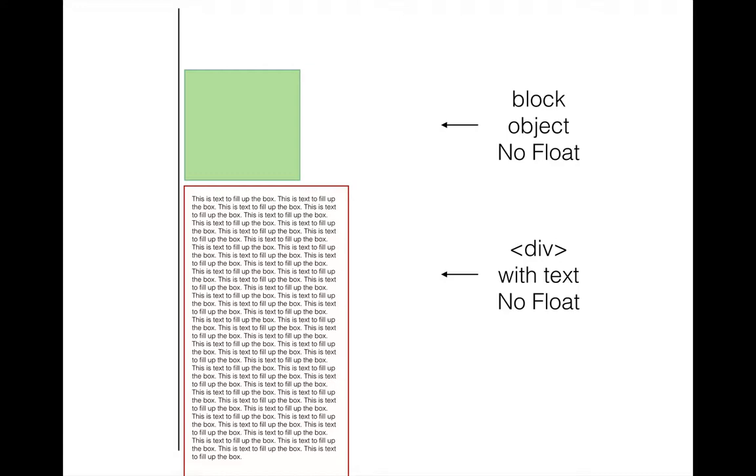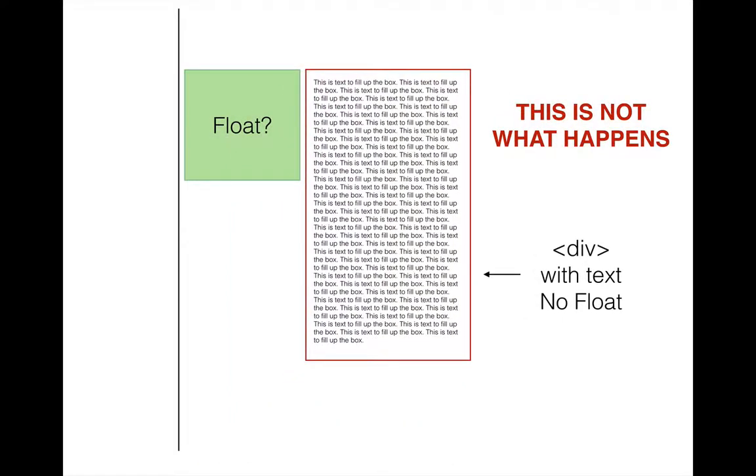Now, if you float the green box and the div with text just goes around it to the right, well, then this is what would happen. But it doesn't happen because we don't want this. We want the text to go not only around the float to the side, we want it to go underneath the floated box as well. But since the div or paragraphs can only be simple rectangles, they cannot become some sort of backwards L shape.